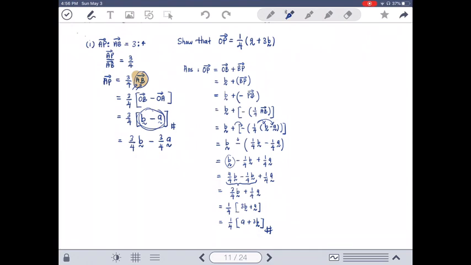It's a long workings, but you have to do it one by one so that you will not get confused. Maybe you should rewind this tutorial and go through the procedure, the steps one by one.